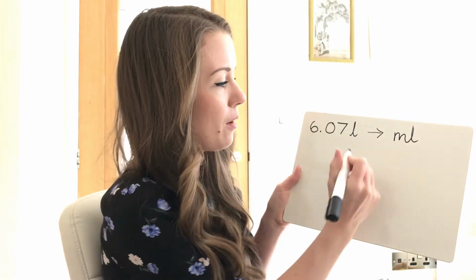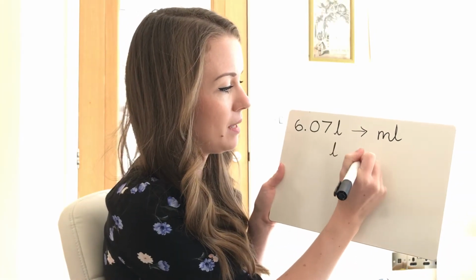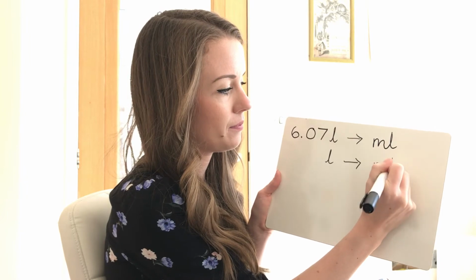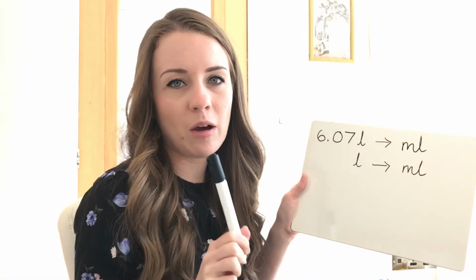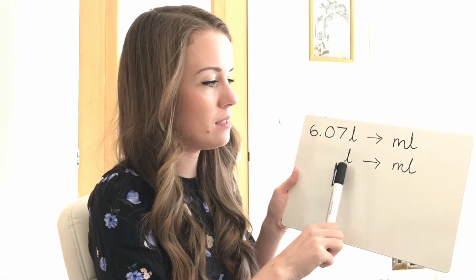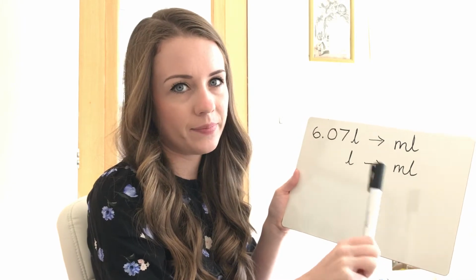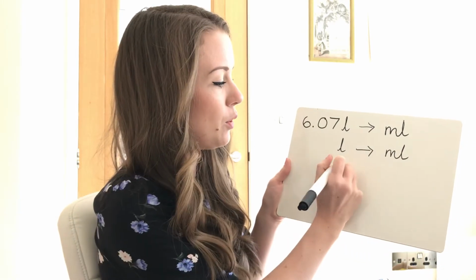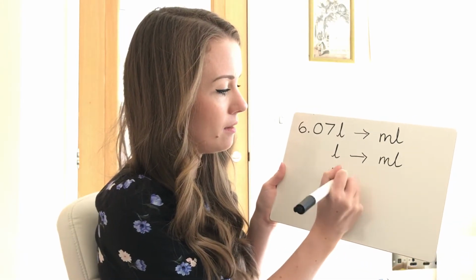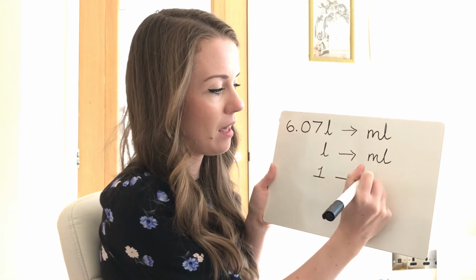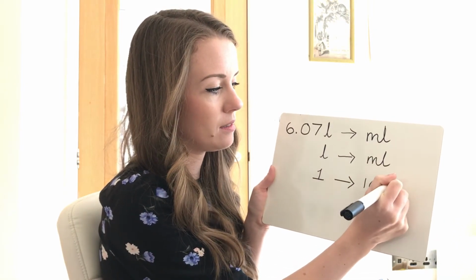Okay, so I'm going litres to millilitres, and I have to think now about what I know about litres and millilitres. So I know that 1 litre is the same as 1,000 millilitres.